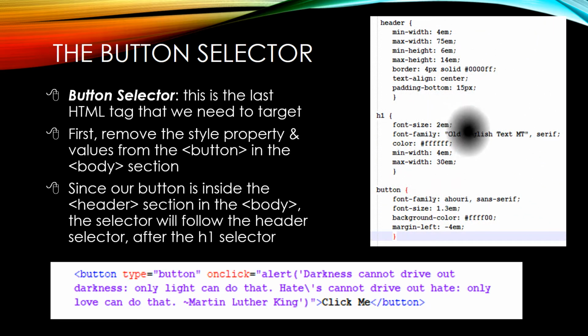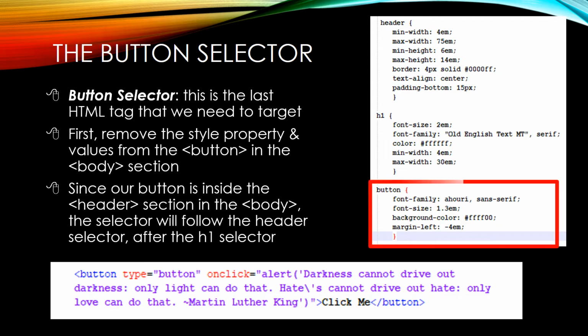Then we need to go up into our style tag in the head section, and we are going to add a button selector. You're going to find your header selector and your H1 selector. After the H1 selector, you're going to add your button selector.